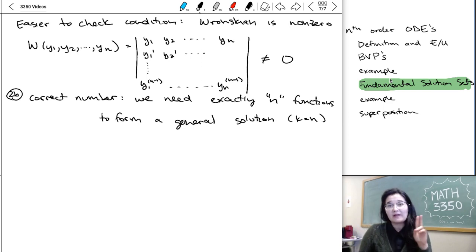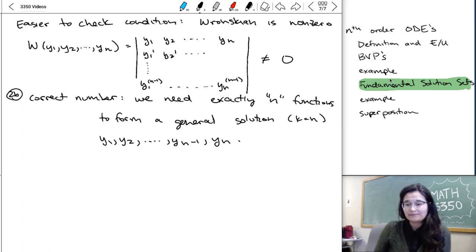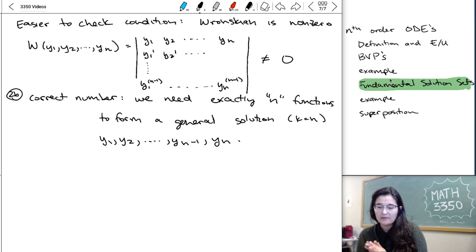So that means that letter K I used before actually needs to be n, the order of the differential equation, or that I would have functions y1, y2, all the way down through y sub n. And then if both those conditions are true, we're going to have a general solution.